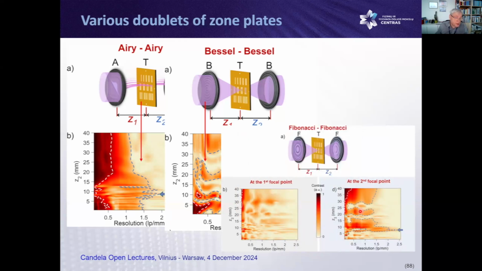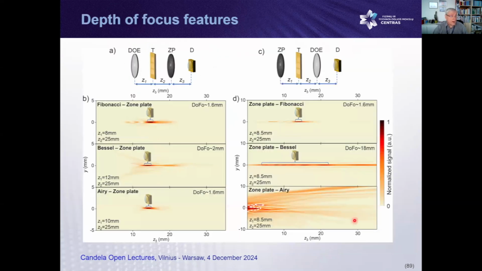And Fibonacci is probably more for education than for real implementations. So if we go to structured light, the iris beam can be a very good way to go. If we collect properly and set up the collection and illumination schemes, we can have a very good compact imaging system.